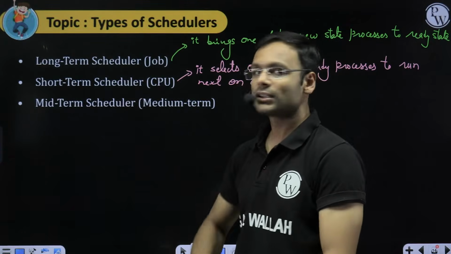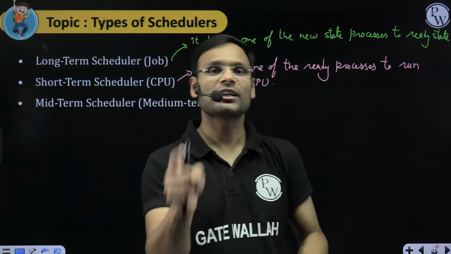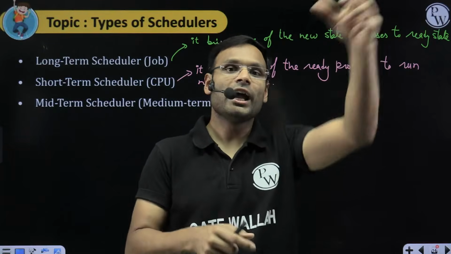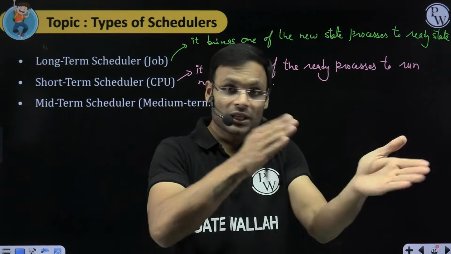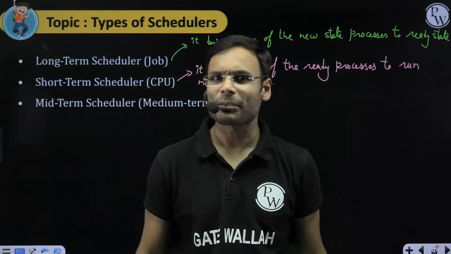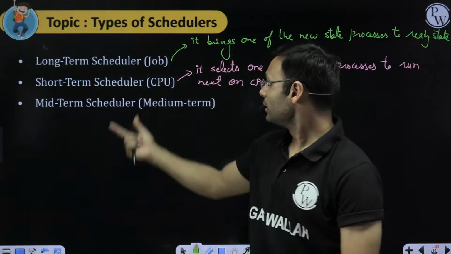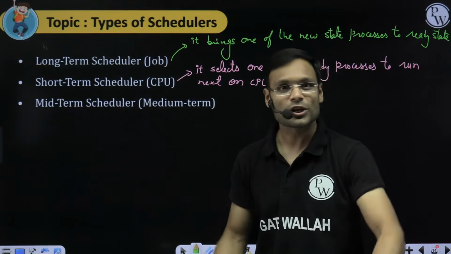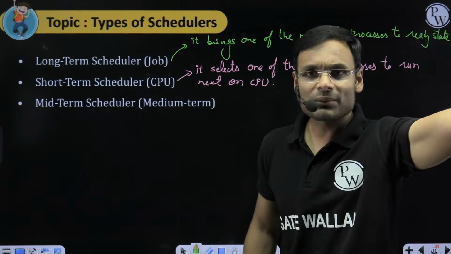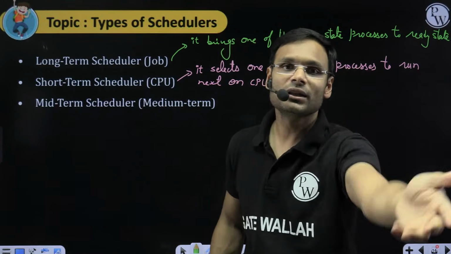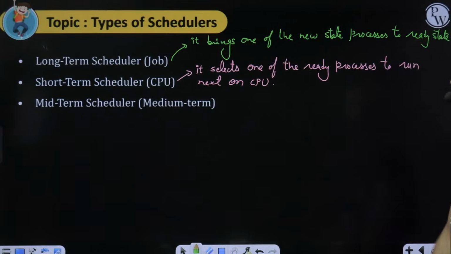You can easily understand how many times you select a new process to open, double click and open a new process, very less frequently. But how many times switching of the process is happening, within nanoseconds. So the short-term scheduler is required within nanoseconds. But the long-term scheduler is required sometimes in minutes, sometimes in hours, sometimes in a few seconds. That's why long-term and short-term.